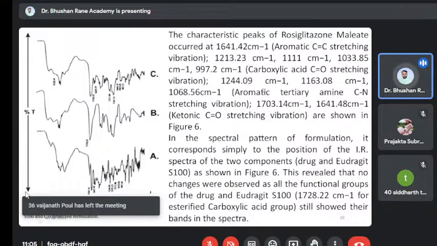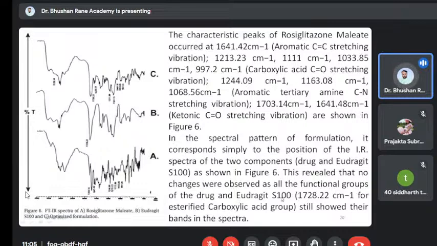So we can understand the spectral pattern for the drug and Eudragit: 1728.22 centimeter inverse for the esterified carboxylic acid group still shows its bands in the spectra. If the same spectra are observed in our optimized formulation also, you can understand that the polymer used has not interacted with the drug.